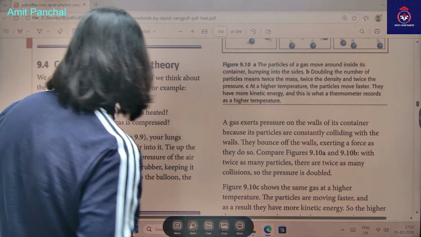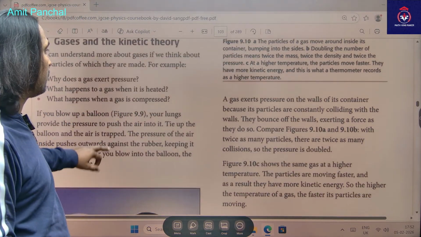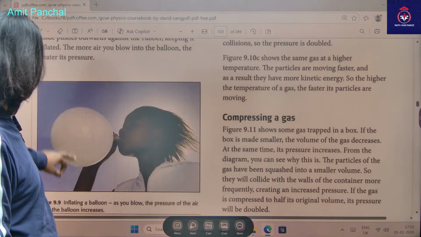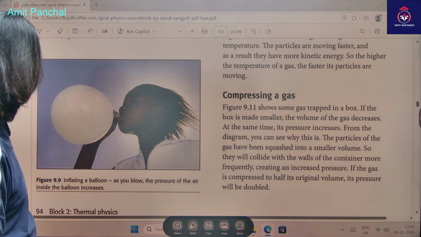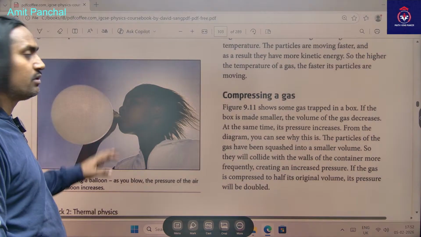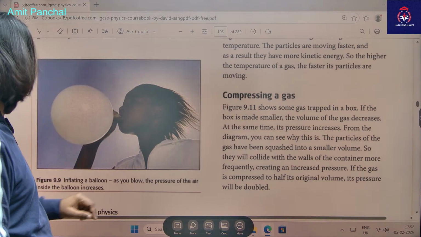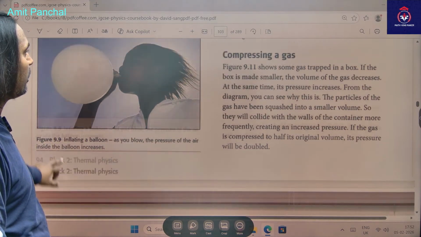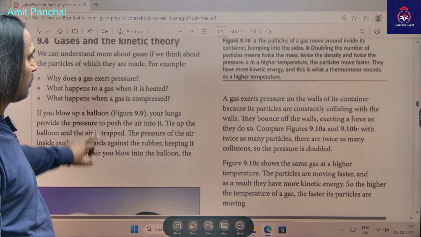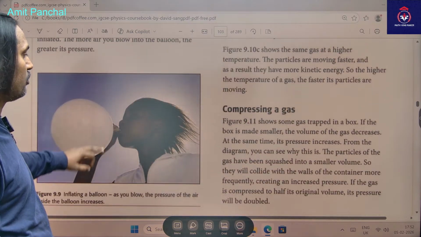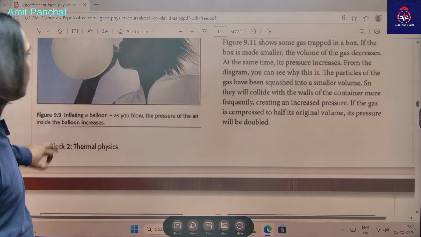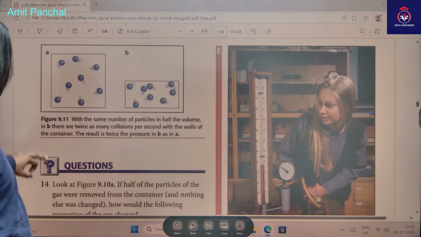So these are the things. Inflating a balloon: as you blow, the pressure of the air inside the balloon increases, that's why it inflates. Now compressing a gas, I told you how compressing a gas is done.